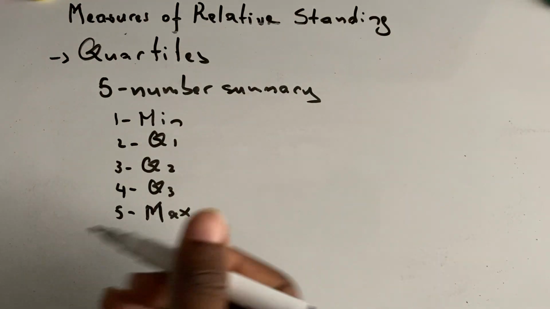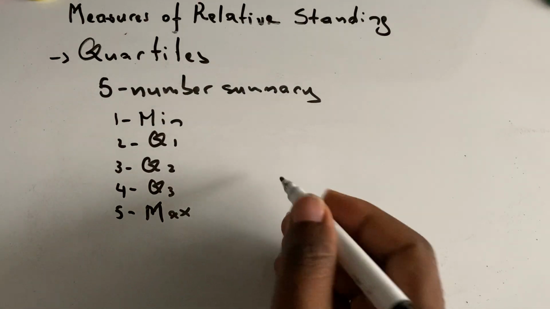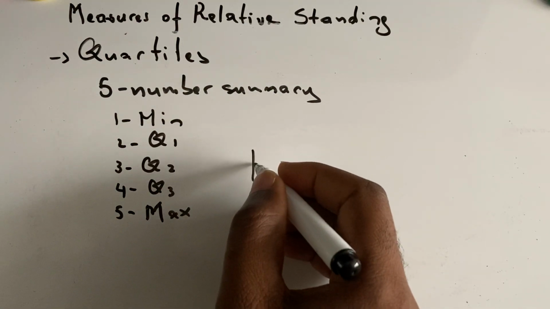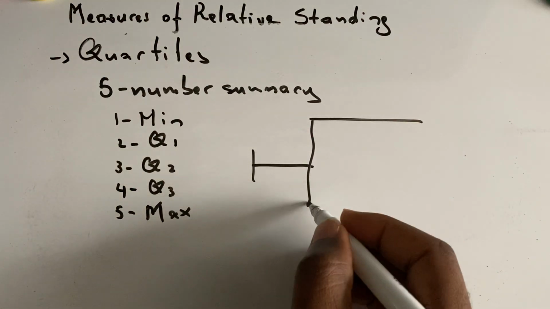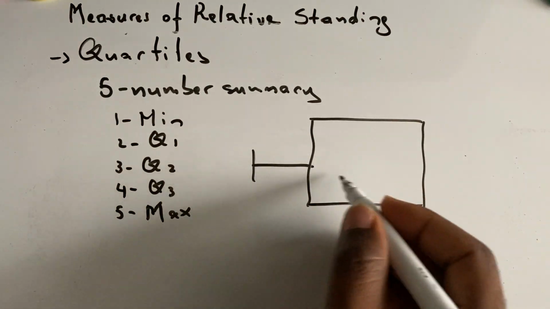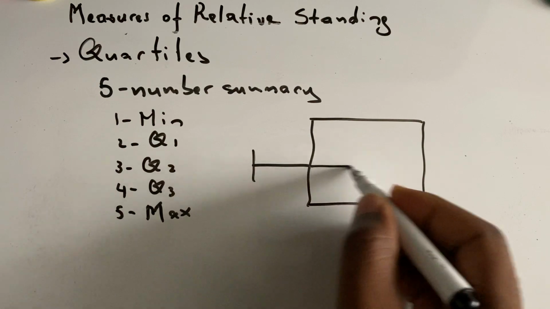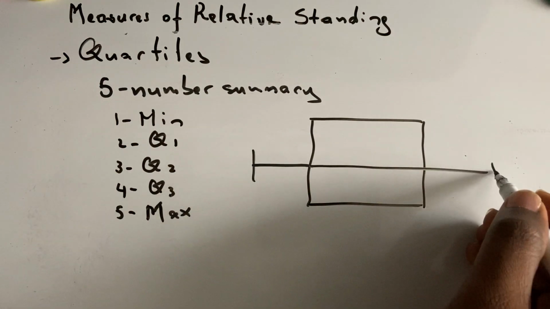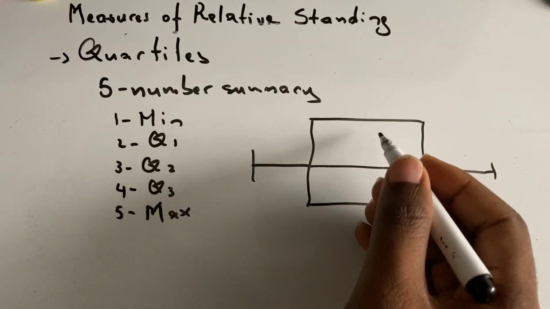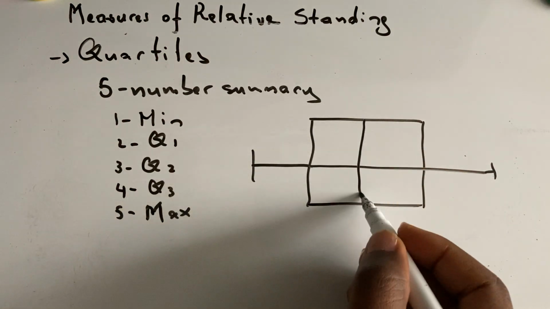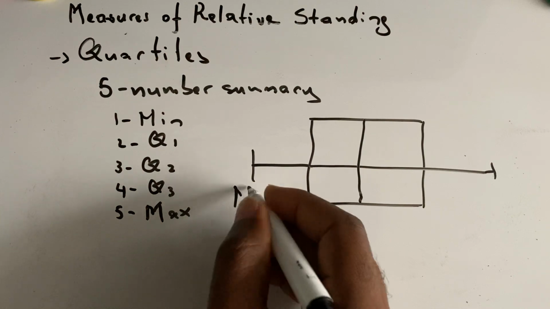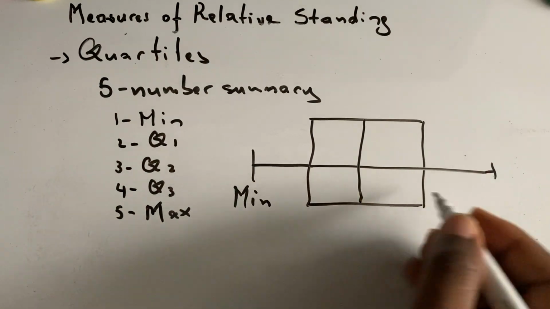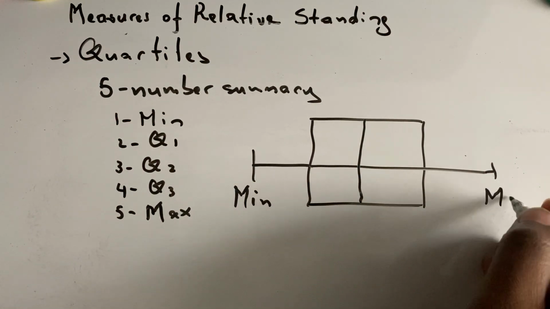Now, it's a way to present your data, so you can actually use a graph called the box plot. This is what you use to make a box plot, right? A box plot would be something like this. Let me just show you, just so you could see what I'm saying here. It will be like this, for example. So you have a line segment from the minimum value all the way to the maximum value.